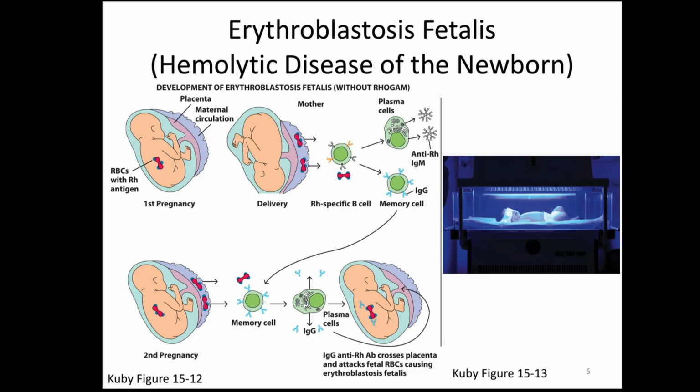See, here you can see those antibodies going into this second baby. And those antibodies are actually going to lead to destruction of the baby's red blood cells. And so we're actually going to have no red blood cells in this baby while the baby is developing in mom.